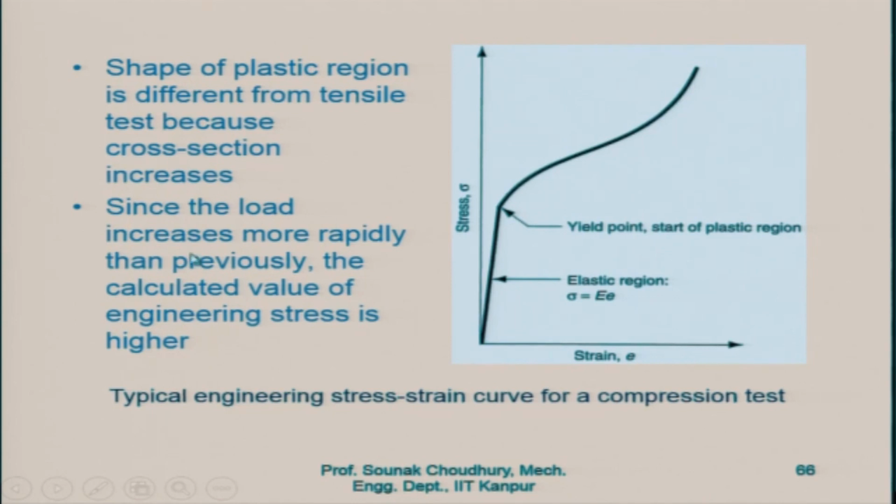This is to be understood: the load increases rapidly, so as you calculate the engineering stress, it will obviously be higher. This is a typical engineering stress-strain curve for the compression test.